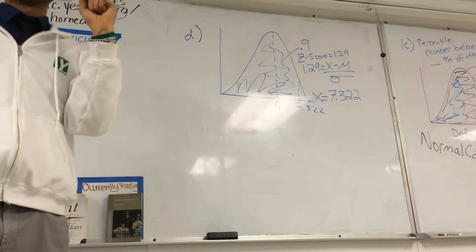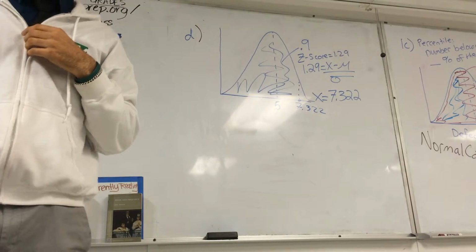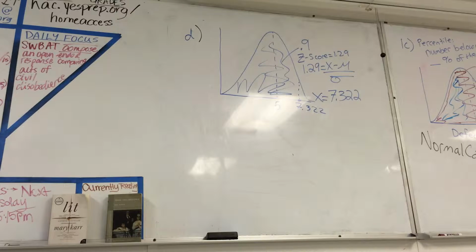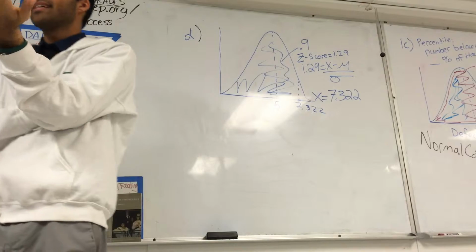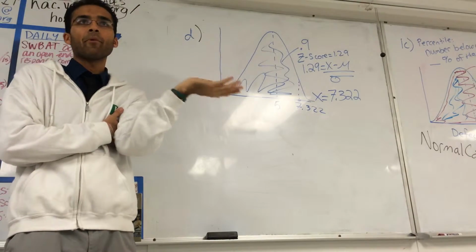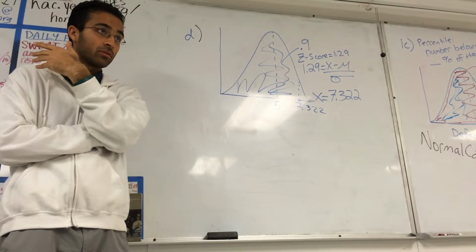We want to say, what is the number of defective widgets you would have to be in the top 10%? If you just think about that logically, to be in the top 10%, that means 90% of the people must be worse than you.